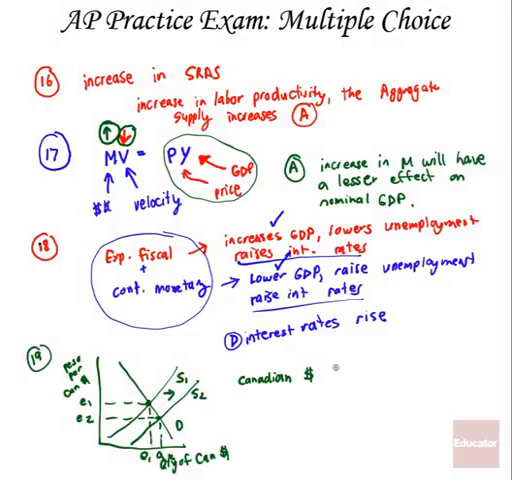So the Canadian dollar is going to depreciate. But guess what? They're not asking you for that here. So we know that the supply of Canadian dollars is going to increase, and we know that the Canadian dollar depreciates, so you have to convert that to the peso. The peso will increase, so it'll appreciate, even though the Canadian dollar will decrease in value. The Mexican peso will increase in value.